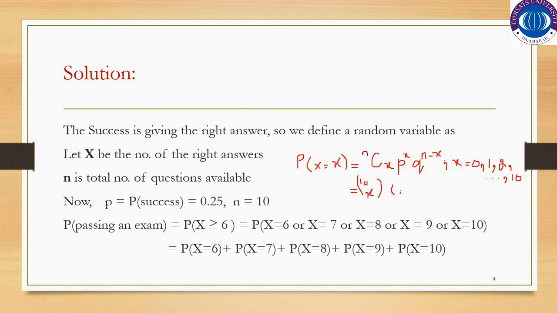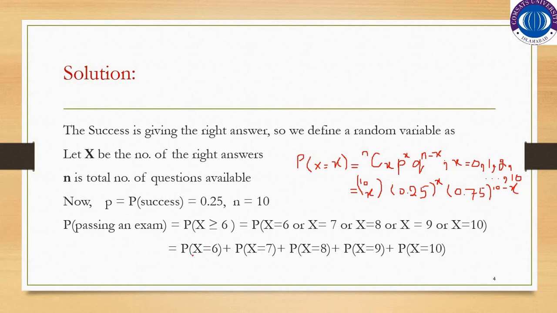P is 0.25 raised to power x and q is 0.75 raised to power 10 minus x.